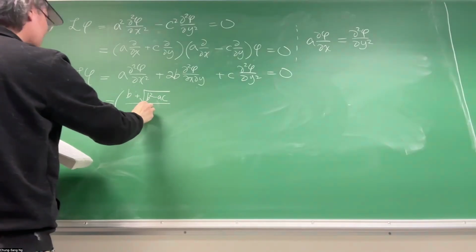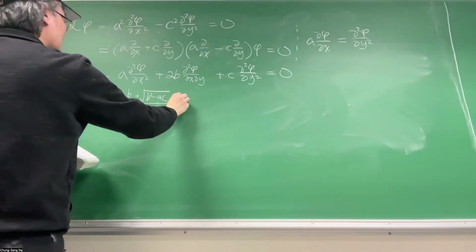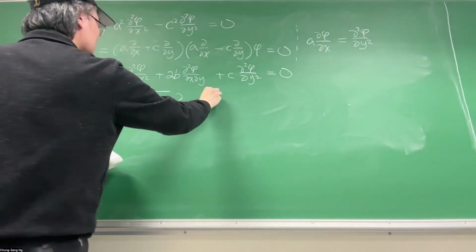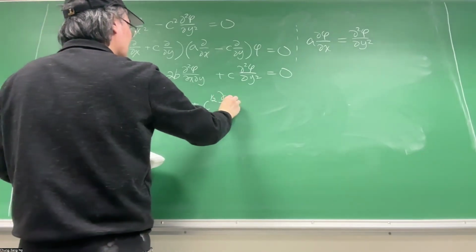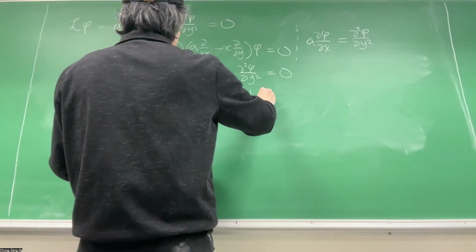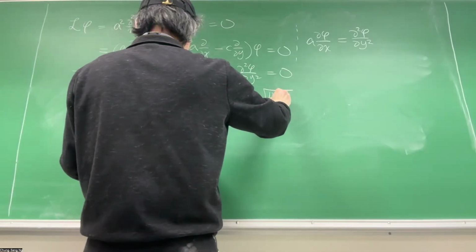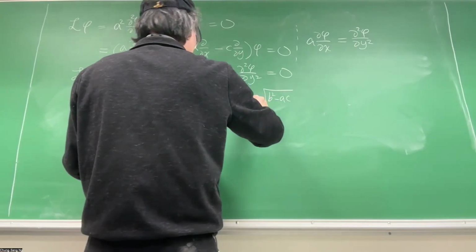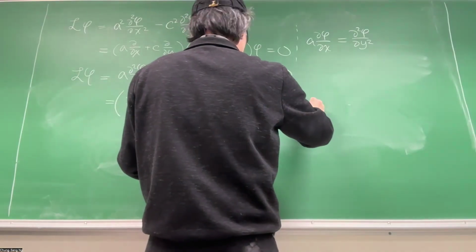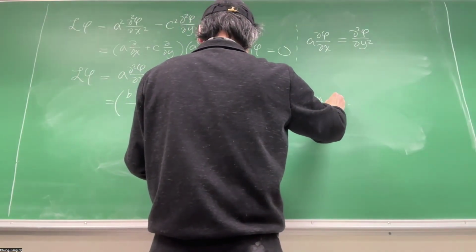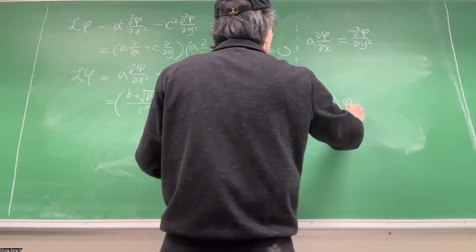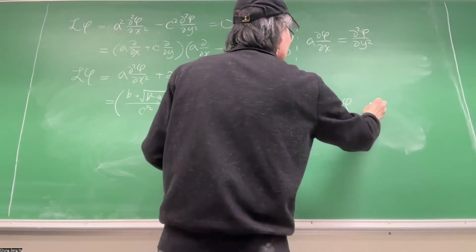Then divided by C, this is 1/2 x times C plus y, and then minus A times C by, right?